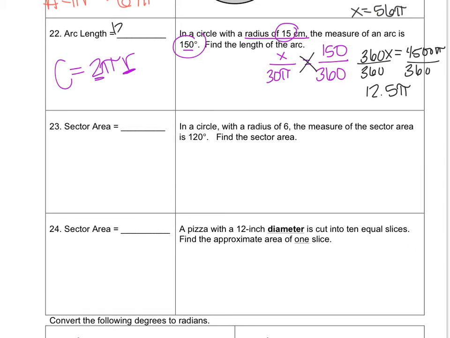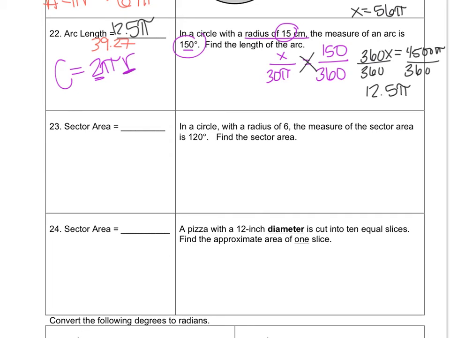So you could have 12.5 pi, or if you plug that into your calculator, 12.5 times pi, and you want a rounded answer, you're going to get 39.27. Okay, remember, if you have pi in your answer, that's exact. If you type this into your calculator and press enter and you use pi, this is going to be a rounded answer.